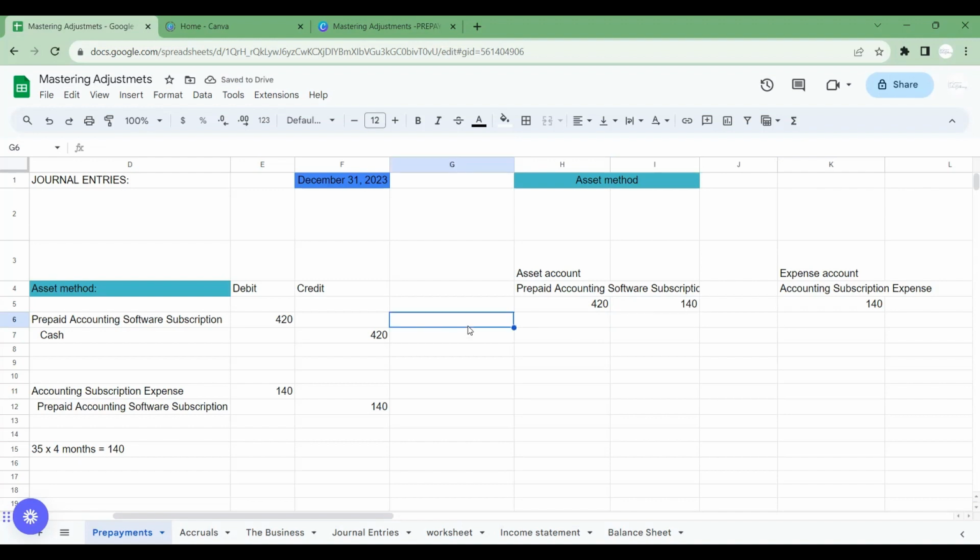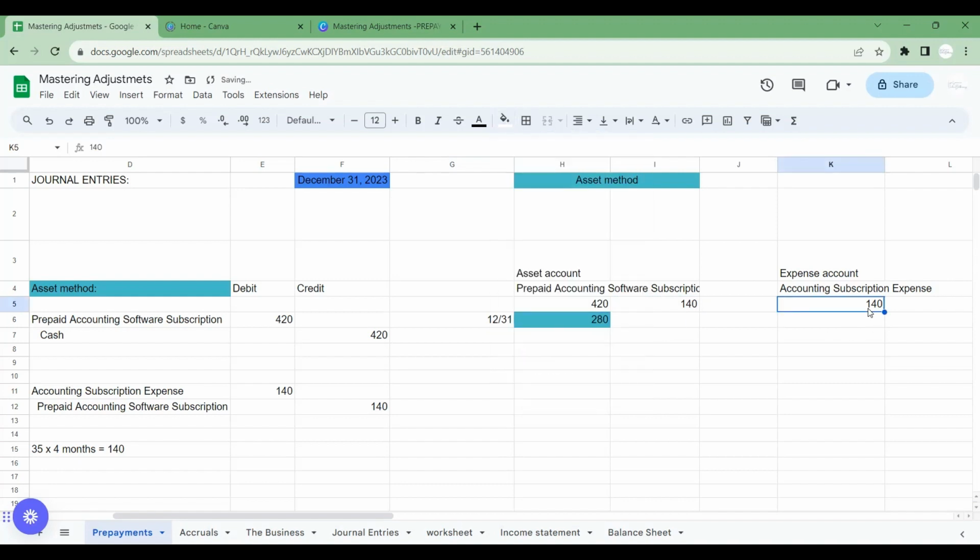So on December 31, the balance of the asset account is equal to 280. This is the asset portion of your accounting software subscription.